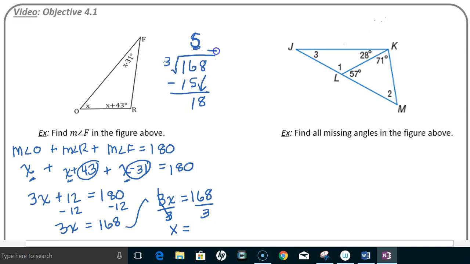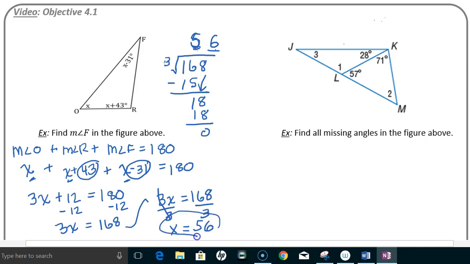And I think, what number times 3 is equal to or less than 18? 6. 6 times 3 is 18. So there's no remainder. That means that 3 times 56 is equal to 168. So if I divide 168 by 3, I will get 56. So x is 56.